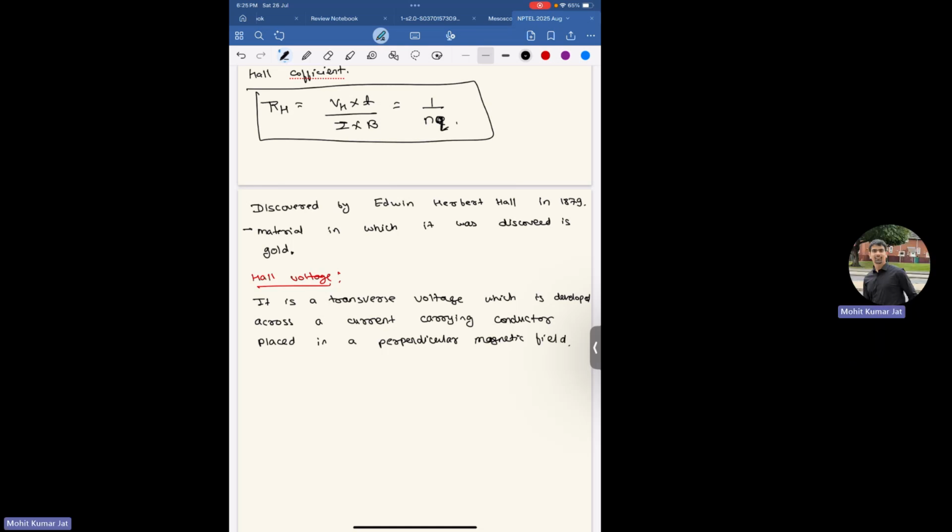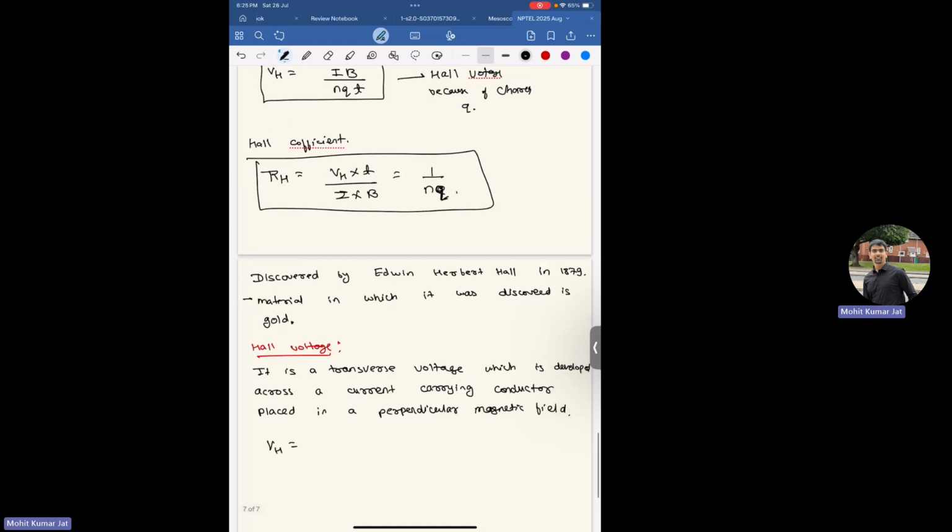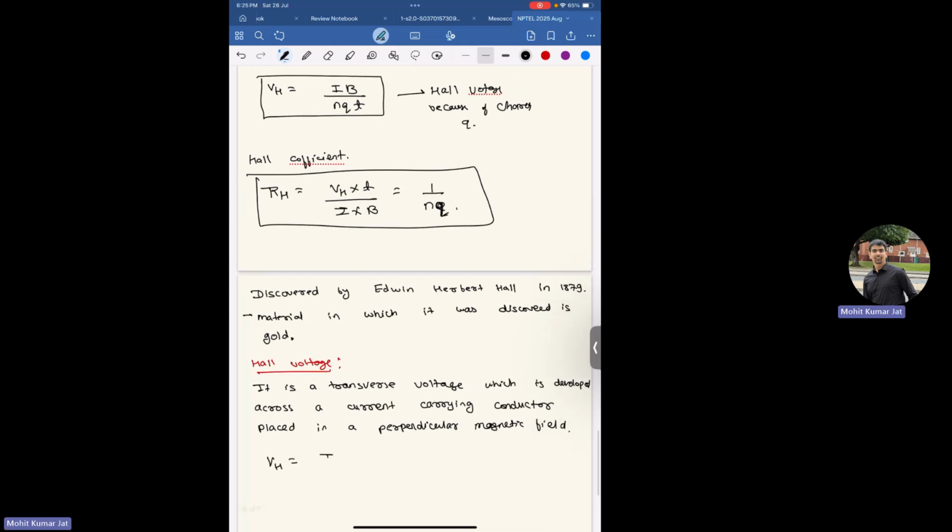It arises due to the Lorentz force acting on the moving charges, which causes them to accumulate on one side of the material, as we have discussed. And this value of VH, the Hall voltage, is I B by N Q T. This is the Hall voltage.